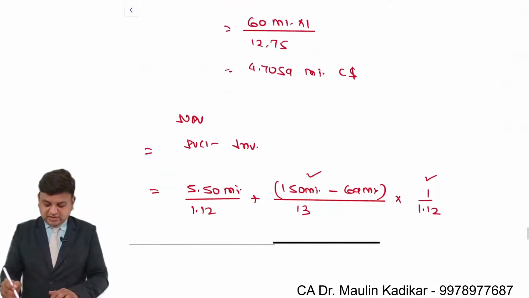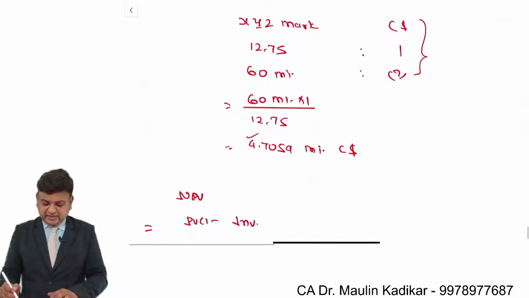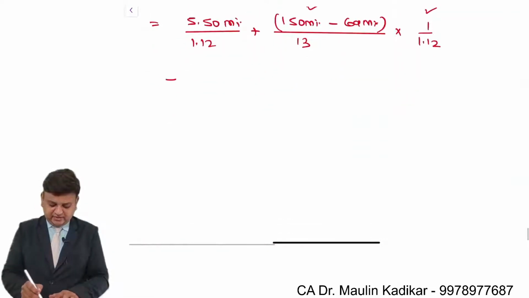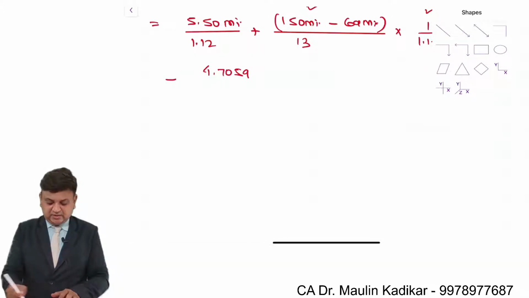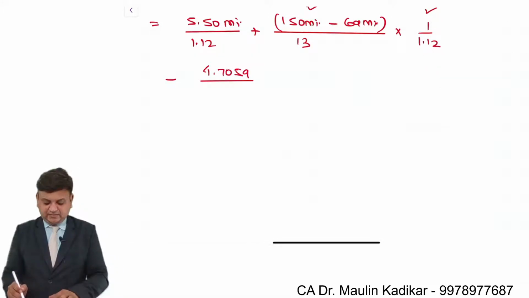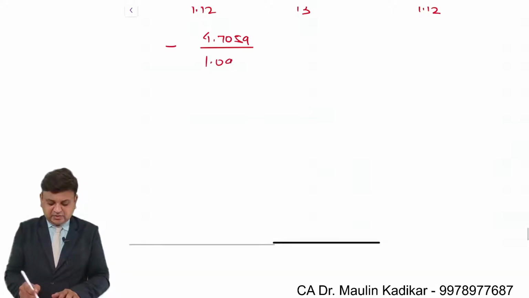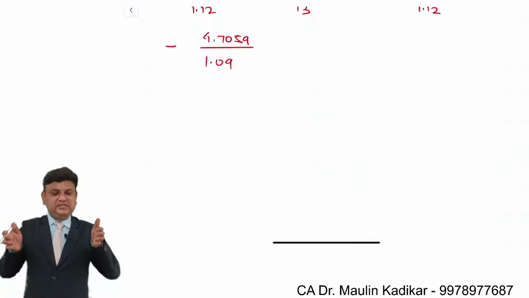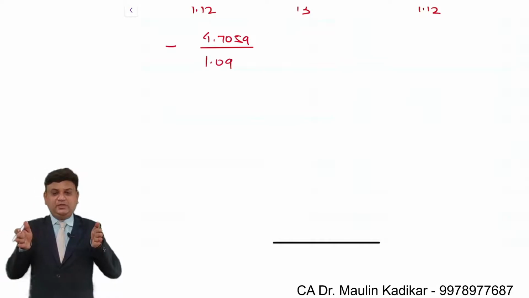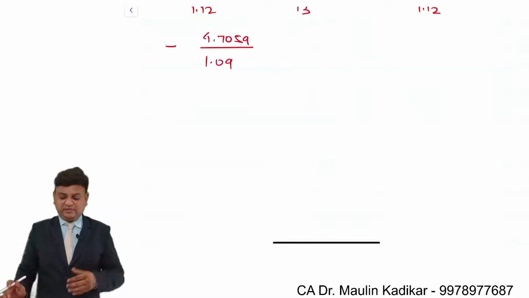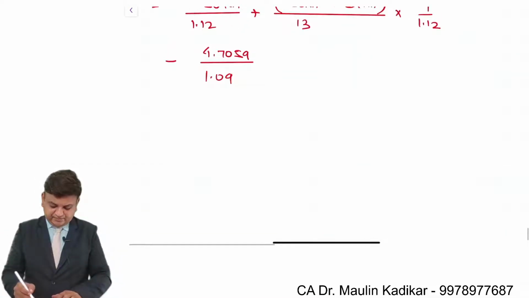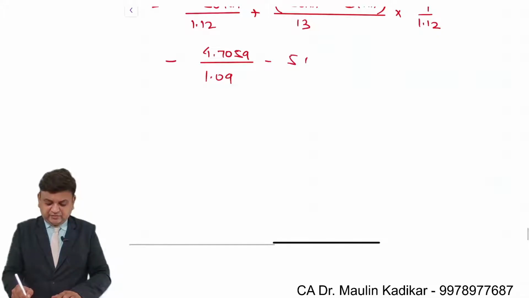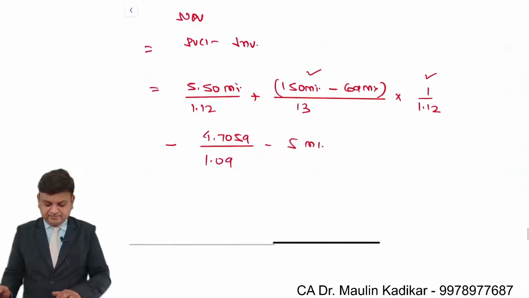Minus the amount of the investment that we have to make, 4.7059 after 9 months, that is in the Canadian dollar currency term, divided by 1.09. 12 months has a cost of capital of 12%, so for 9 months it will be 9%. Minus the amount of investment, 5 million.